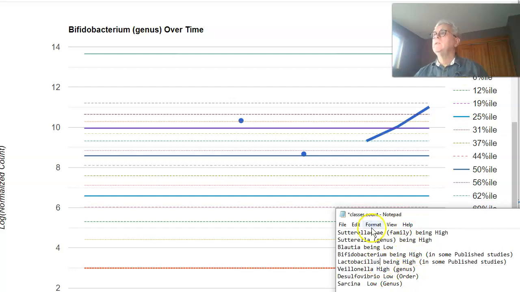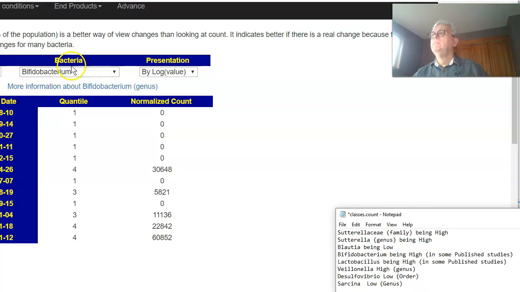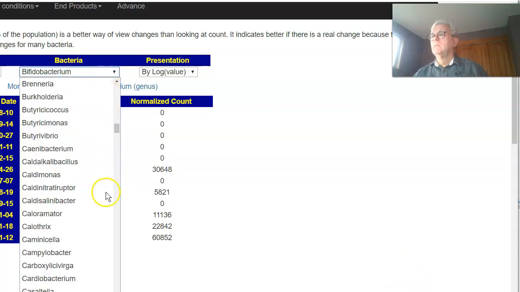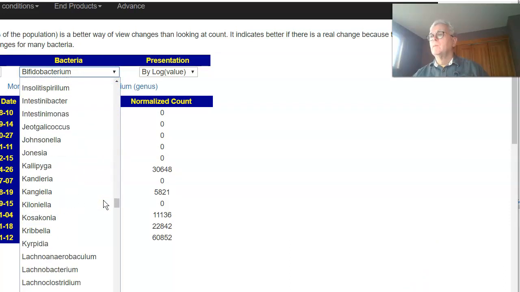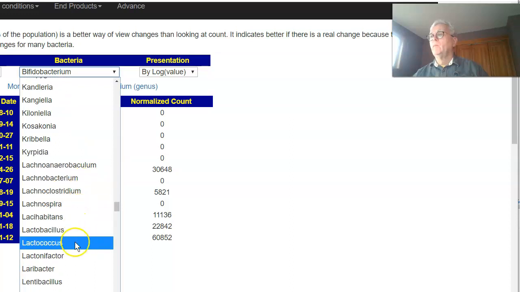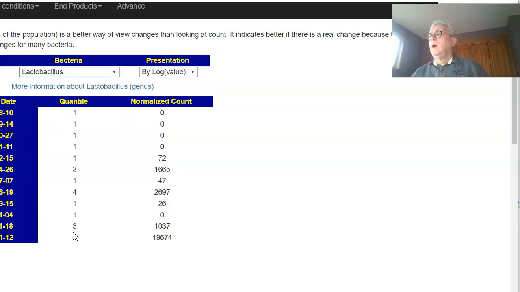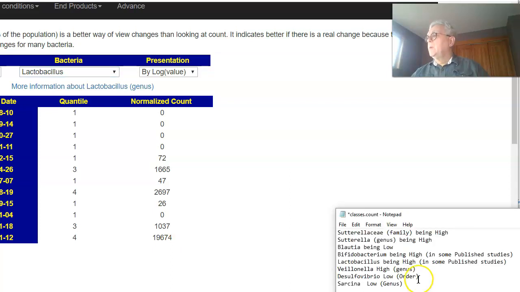Next is Lactobacillus. And Lactobacillus is similar, is high in some sites and low. And if you look back at the numbers from before, you find that it's almost an identical match. Bifidobacterium and Lactobacillus both increased at the same time. Otherwise, they were practically zero.